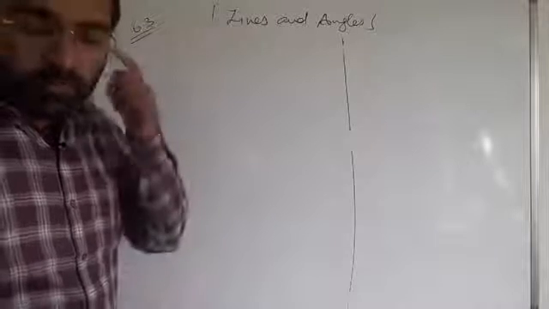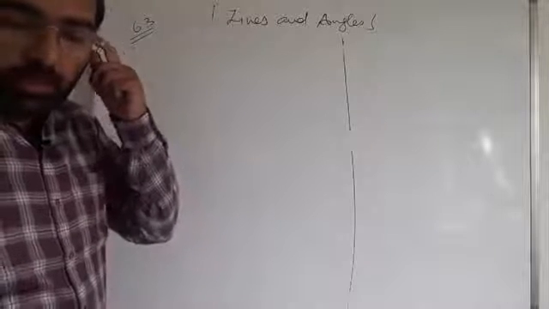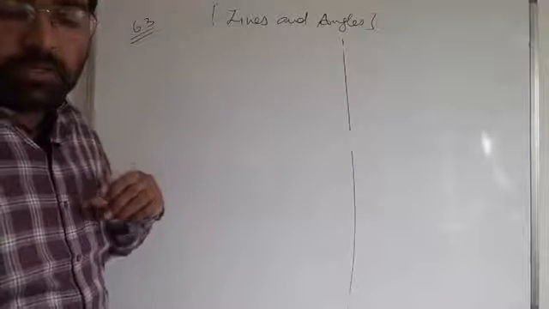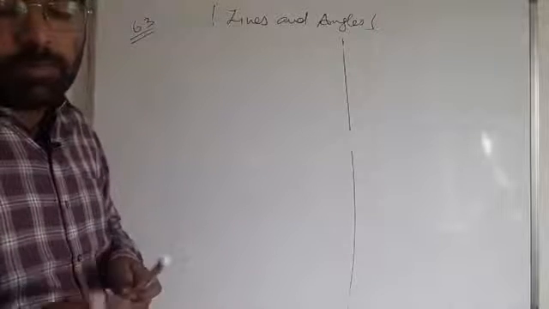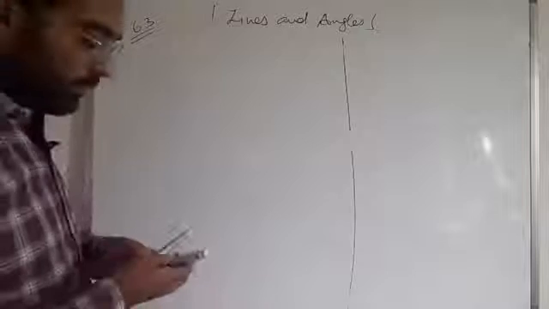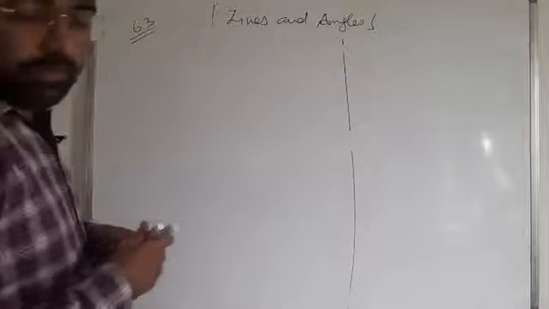What is question number 5? If PQ is perpendicular to PS and PQ is parallel to SR, the figure is given.